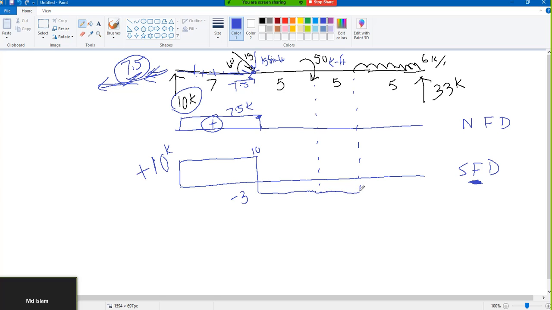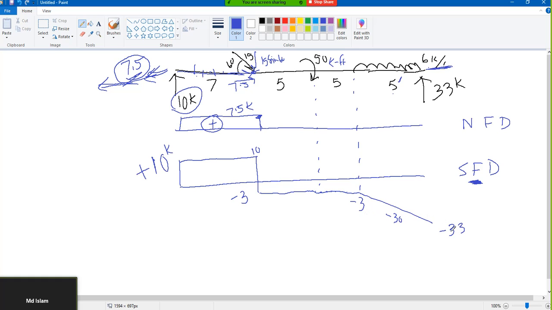After coming here, there is a load which is telling go down 6 kip per feet. After going 5 feet, I have to go down how much? 5 times 6, 30. So I will go linearly. I had minus 3, I will reach minus 33. Why? Minus 3 minus 30 is minus 33.